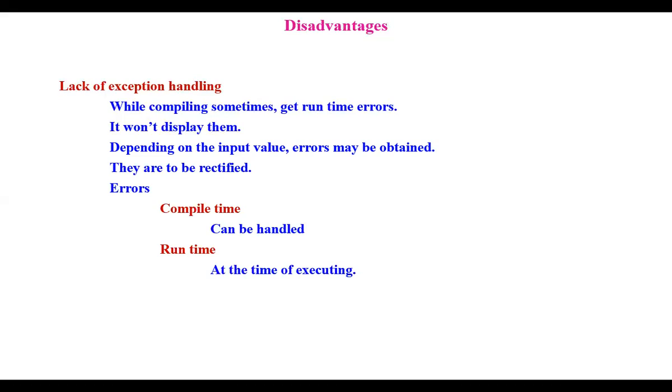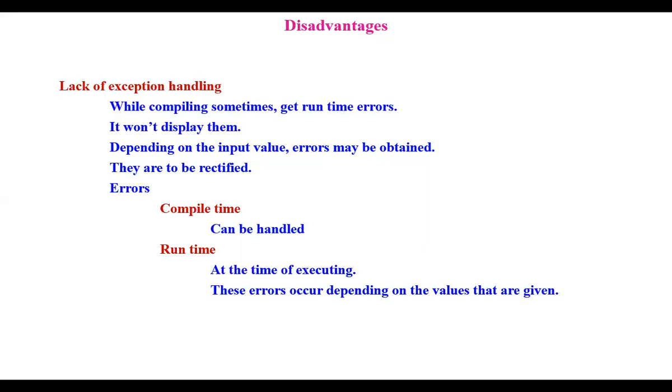Before that, we don't get them. At the time of compilation, it won't show. It shows success and the compiled program is successful. But when you are running the program at the time of execution, these errors will crop up.